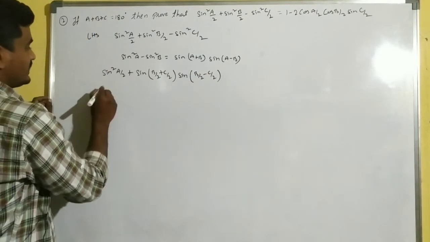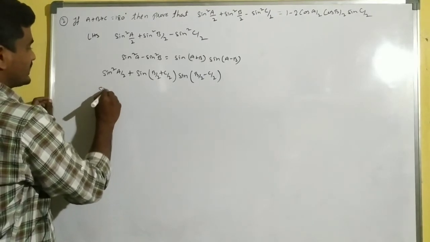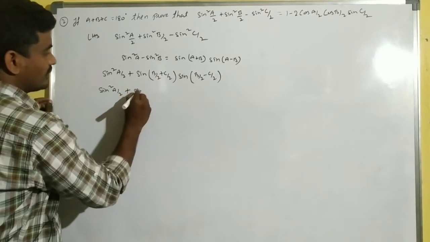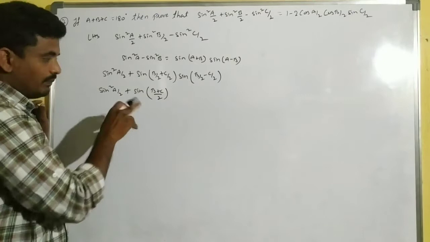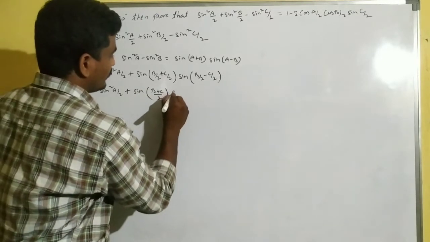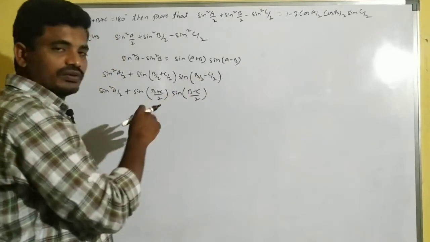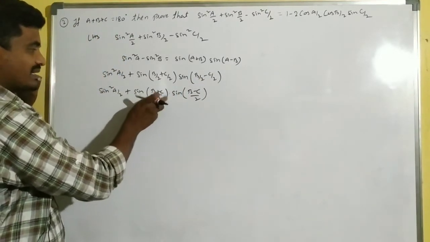And this we can write, as it is, sin square a by 2 plus sin b plus c by 2 into sin b minus c by 2, because both are having the same denominator, and we can write here sin b plus c by 2.